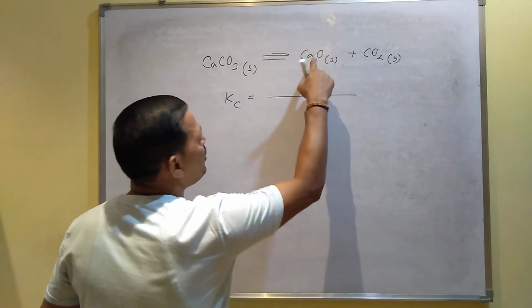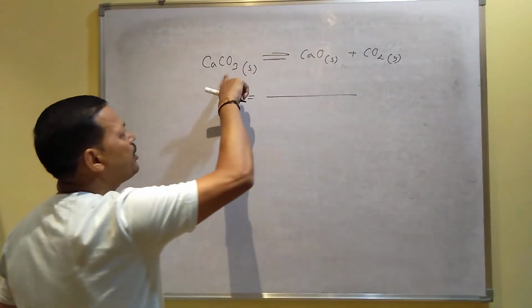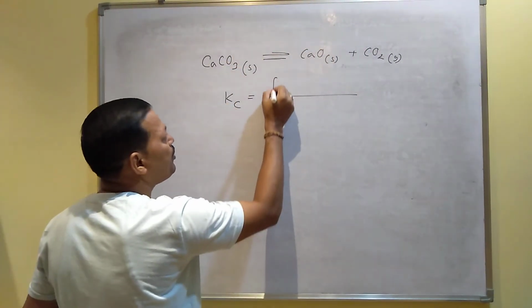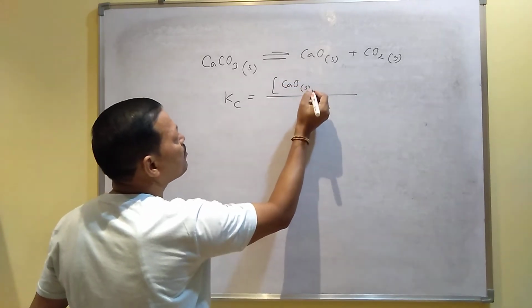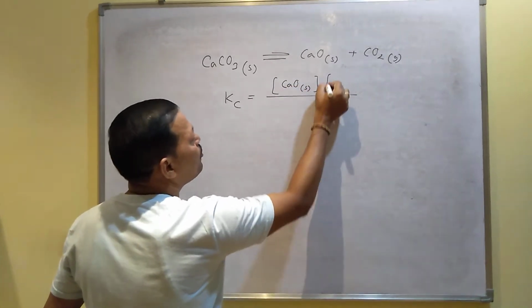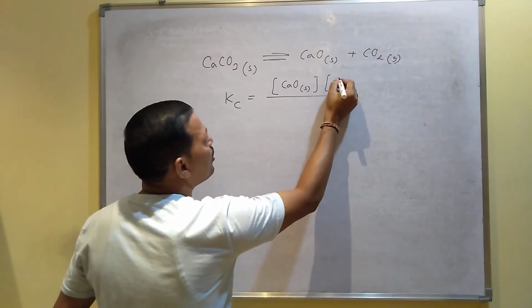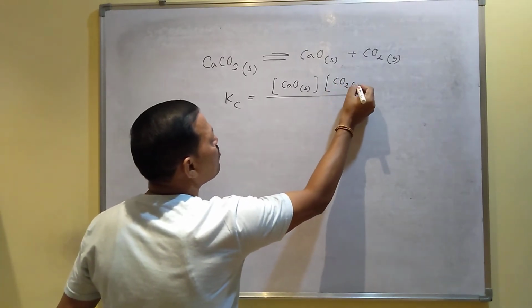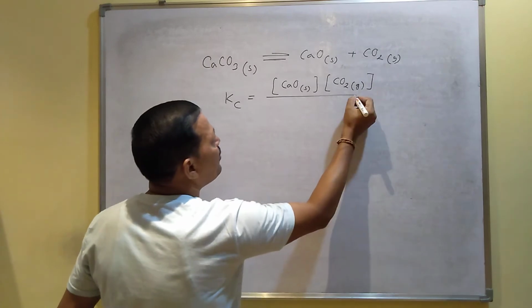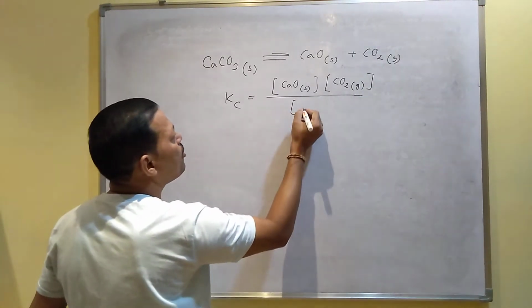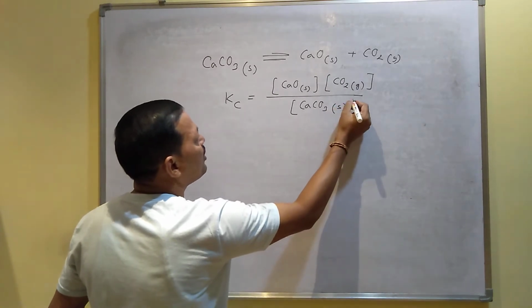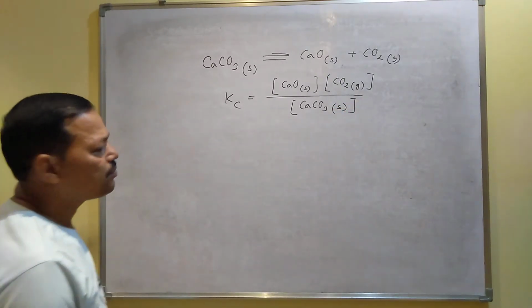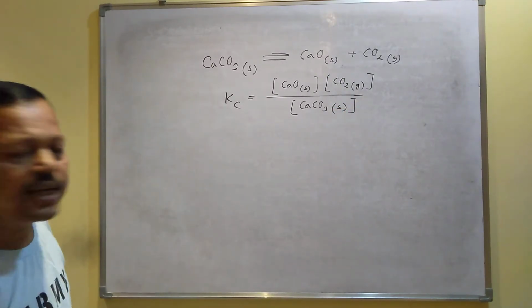Kc is equal to the multiplication of the concentration of products divided by the concentration of reactants. Ultimately, concentration of solid calcium oxide into concentration of carbon dioxide gas divided by concentration of solid calcium carbonate. So this is the expression of Kc.